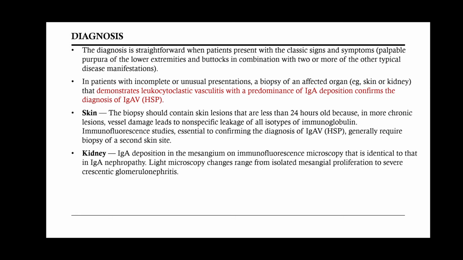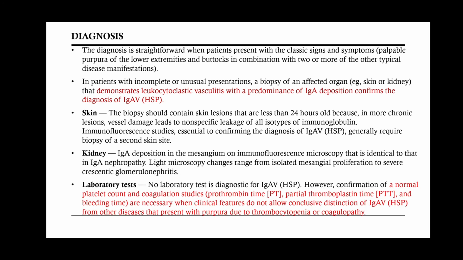In the kidney, there is IgA deposition in the mesangium on immunofluorescence microscopy that is identical to that in IgA nephropathy. Light microscopy changes range from isolated mesangial proliferation to severe crescentic glomerulonephritis.